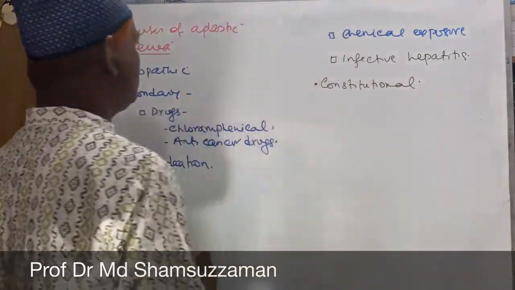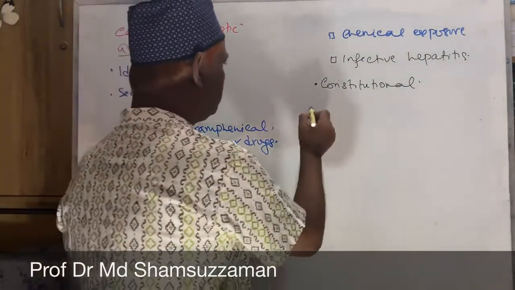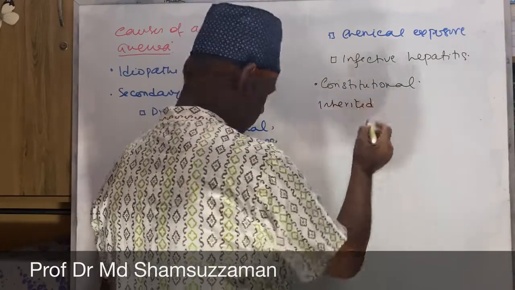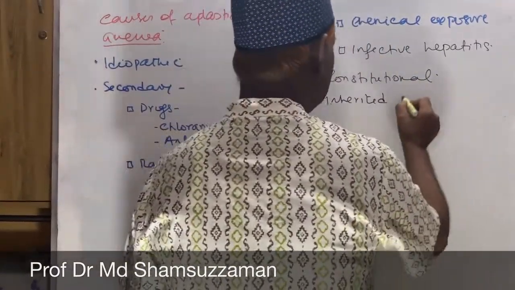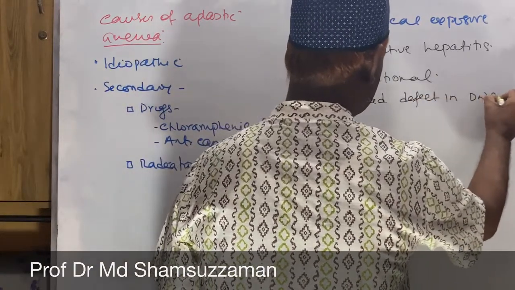The example of constitutional aplastic anemia is inherited defect in DNA repair.